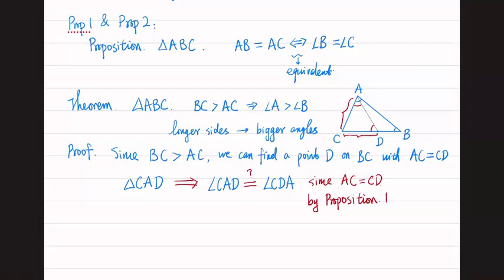Okay, now we will compare angle A and angle B. Through this middle angle, I claim angle A is bigger than angle CAD, a turn at A. Aaron, can you tell me why this angle is bigger than this one?